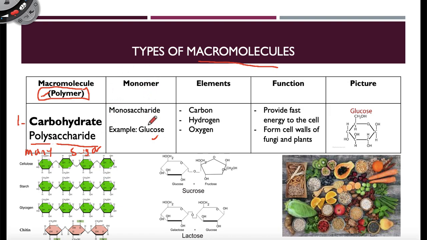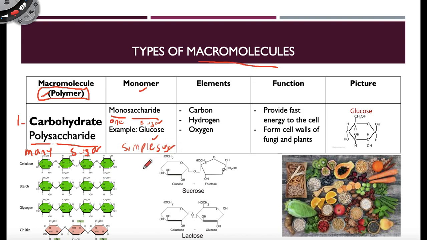Now, what is the monomer that makes up this polymer? Well, the monomer is a sugar. The monomer, in this particular case, is a monosaccharide. So mono means one, saccharide means sugar. An example of this monomer, an example of this monosaccharide is glucose, which is a simple sugar.